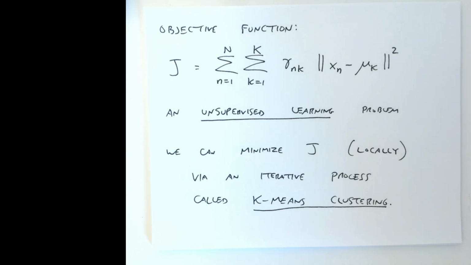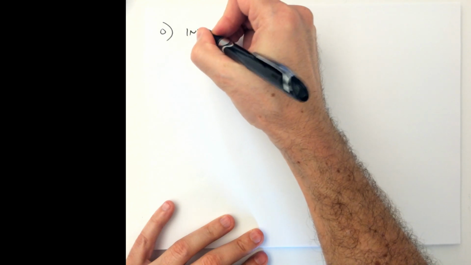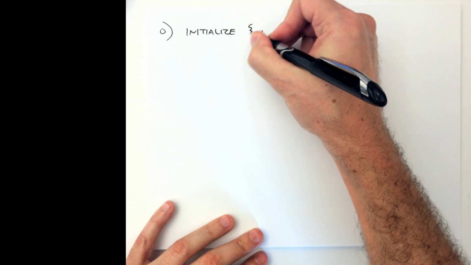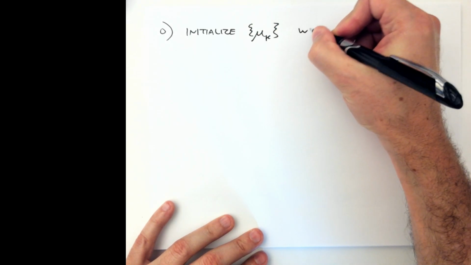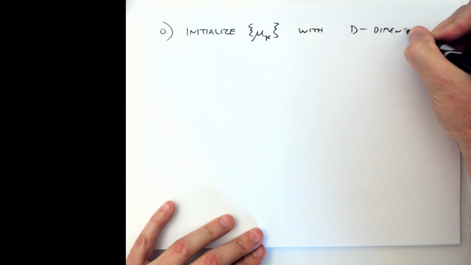Okay, so the process is super simple. First, I'm going to take k randomly initialized points in this d-dimensional space, and call those my cluster centers. So step 0 is to initialize the mu k with d-dimensional vectors.